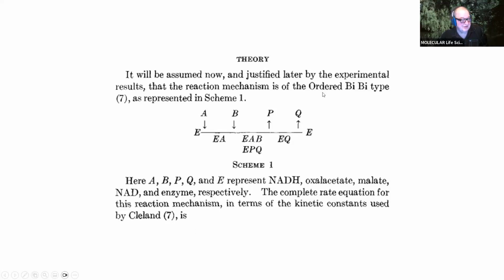And Cleland, of course, is the person that invented the phrase ping-pong mechanism, where you get one substrate binding, one product being released, a second substrate binding, another product being released. So you get this so-called ping-pong type mechanism.